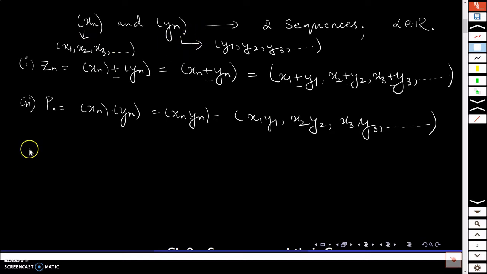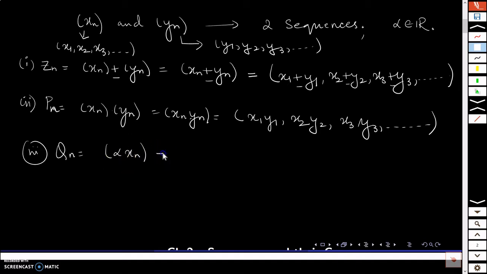Now one more way is, if I take any sequence xn and if I take a real number alpha, then I can talk about alpha times xn, one more sequence. I can say that it is of this form, alpha xn, or I can give another notation to it as well. Let me call it, let's say, qn, and that you define as alpha xn.